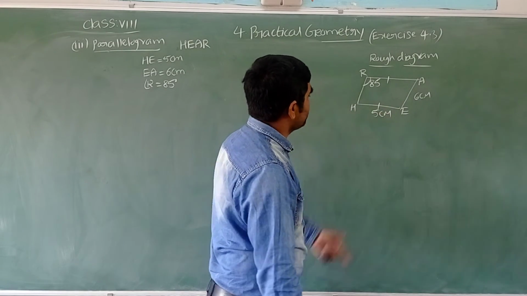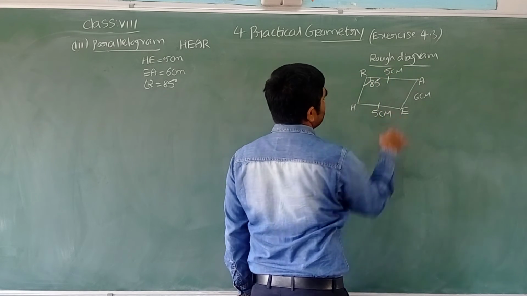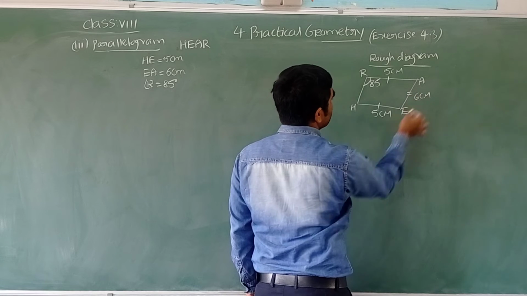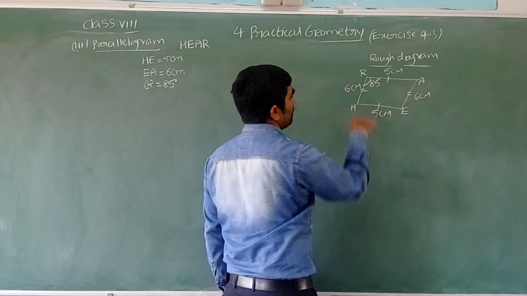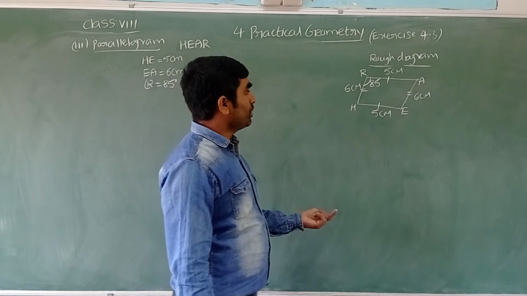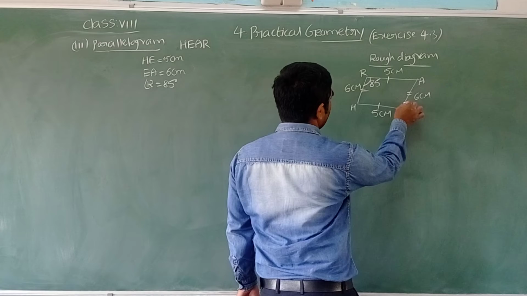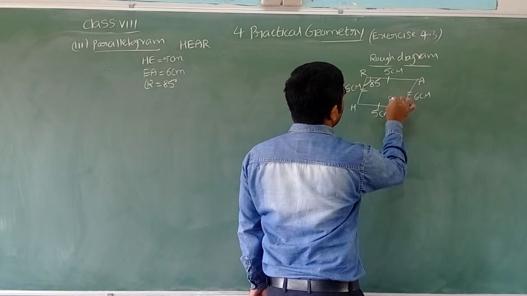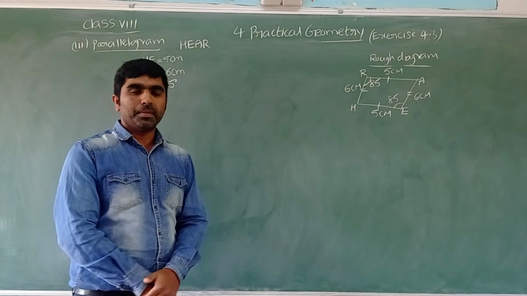HE is 5 centimeters, then its opposite side RA is also 5 centimeters. EA is 6 centimeters, its opposite side is also 6 centimeters. And we also know opposite angles are equal. As angle R is 85, angle E is also 85. So with the help of this, we will construct a parallelogram.